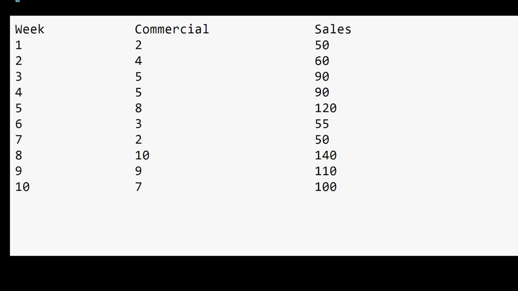So I want you to get a piece of paper, and you're going to compute the sample covariance and the coefficient for this particular information. You have week 1 to week 10, and you have the number of commercials and the sales.